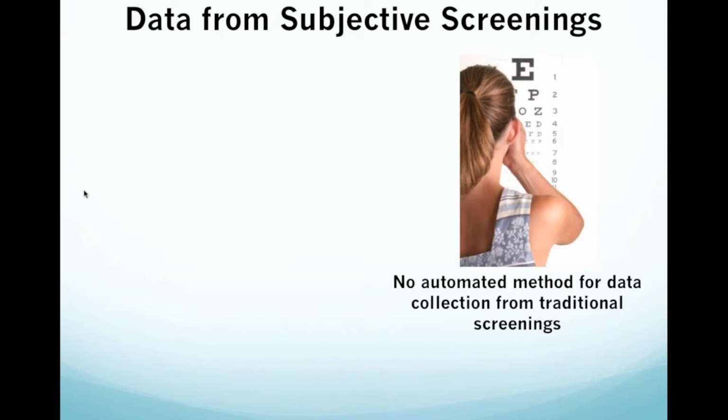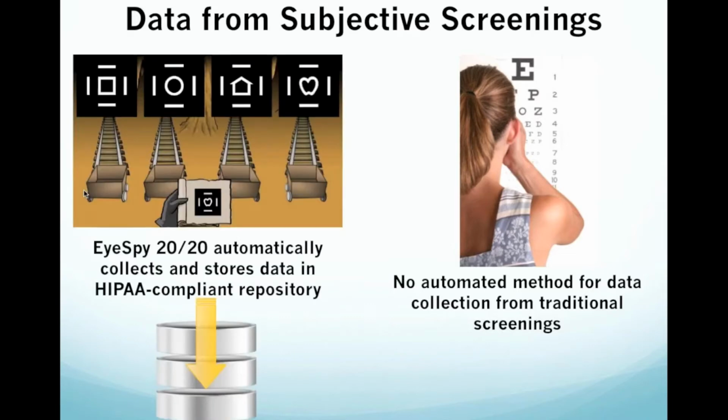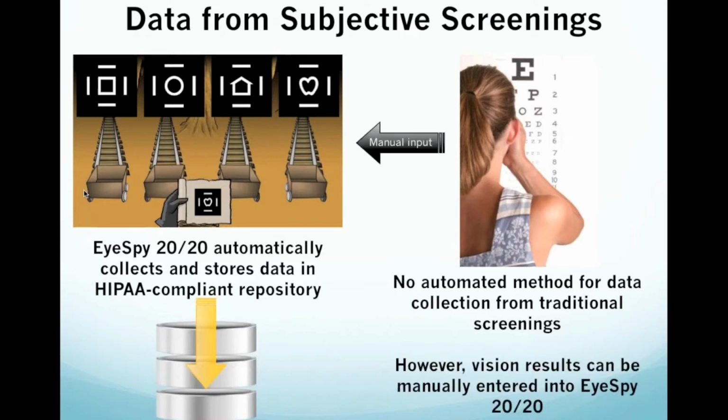But from a data perspective, the problem is that there's no automated method for collecting the data. EyeSpy is obviously a little bit different because it is a computer-based vision screening technology. It automatically collects and stores all of that data in a repository for you. But in addition, we can manually enter traditional vision screening results into EyeSpy 2020 as well, so it can serve as a repository for traditional vision screenings.